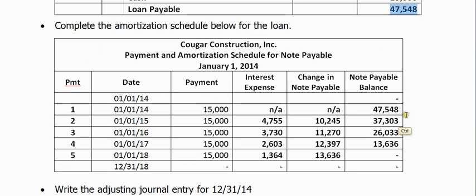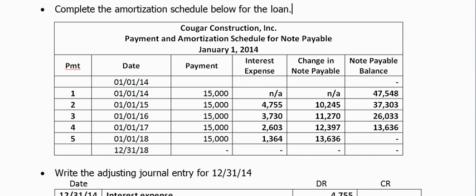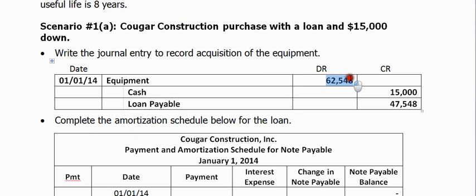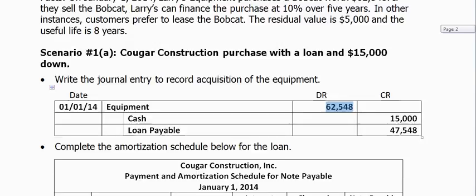That's how the schedule goes, and we'll see the interest expense is $4,755 here, and here's interest payable on 12/31 of 2014, and the depreciation is $7,194, which was the original balance of the equipment, $62,548, minus the $5,000 residual value, divided by the useful life.